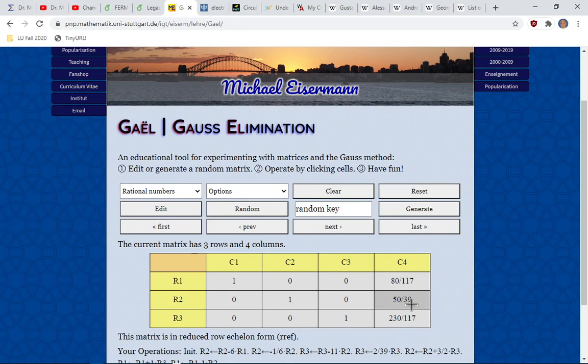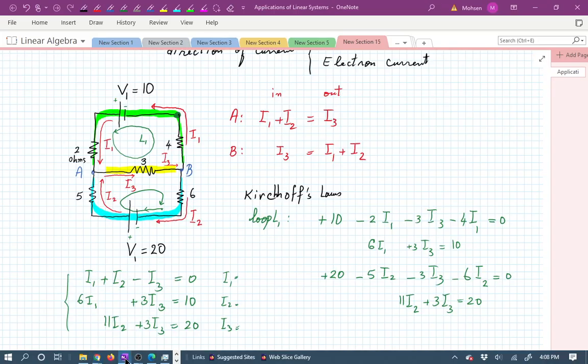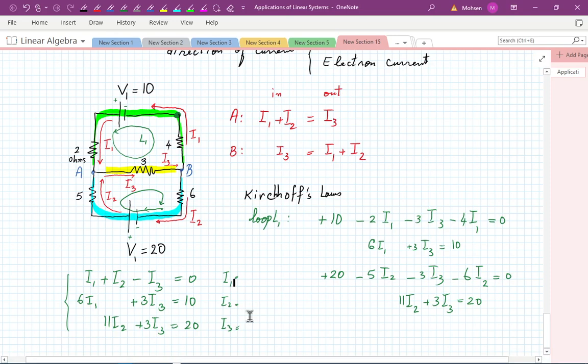Okay. So we took the pain of these problems away by giving you this software, and here is our final answer. This is 80 over 117, 50 over 39 if you want to write it like the other ones, and this is 230 over 117.